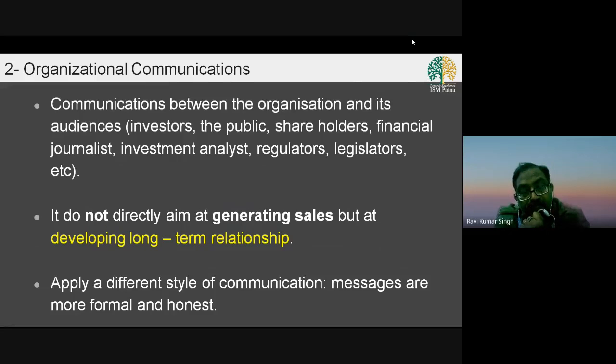So the objective here is to develop long-term relationships with financiers, investors, suppliers, channel partners.